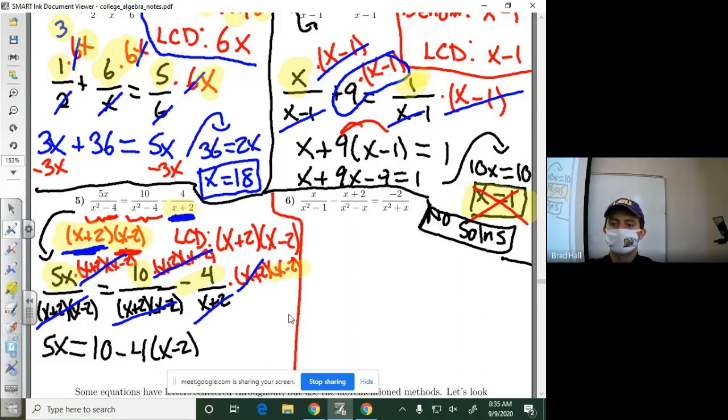So notice the hardest part of this is finding the least common denominator, but once you do, the problem cleans up really nicely, really fast. And now all that needs to be done, distribute the -4.